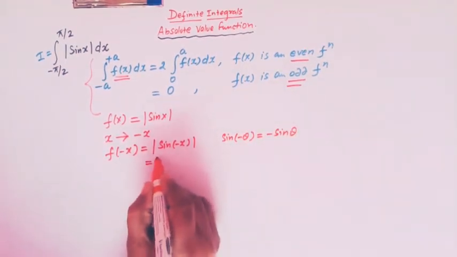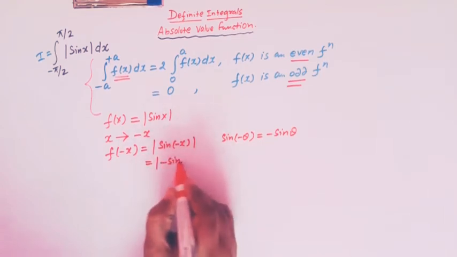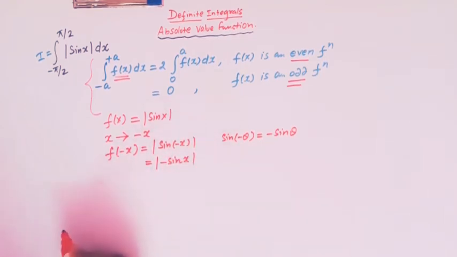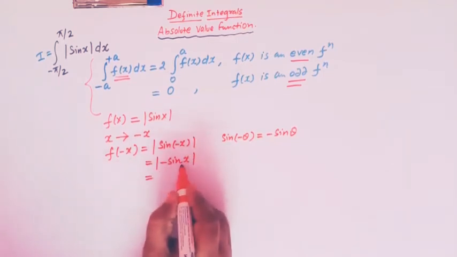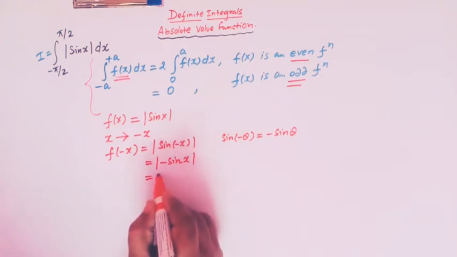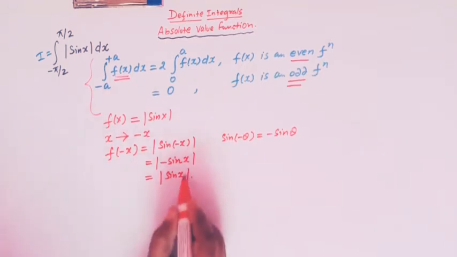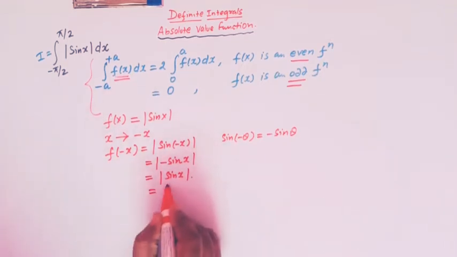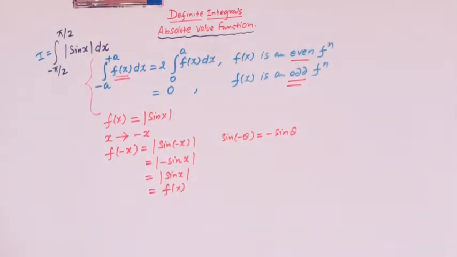So here we have the absolute value of minus sine x, and this can also be written as mod of sine x, which is equal to our original function f of x.